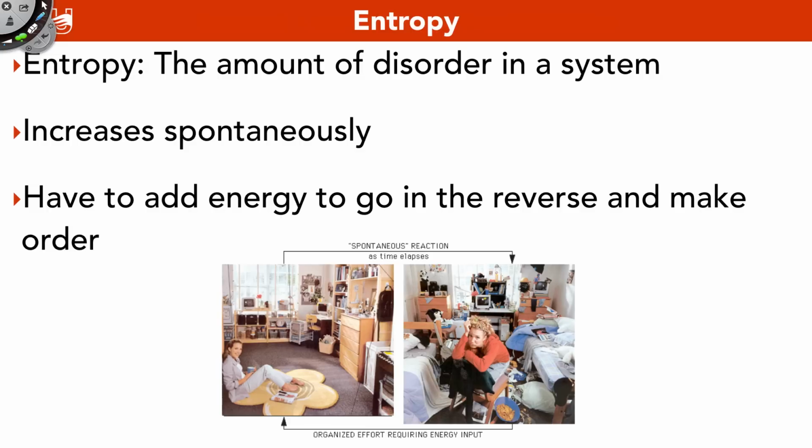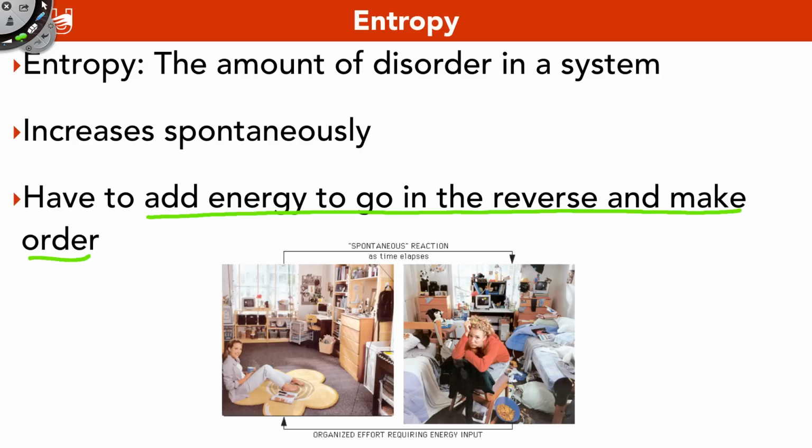Entropy. Now, we need to talk about entropy before we bring in the second law of thermodynamics. Entropy is the amount of disorder in a system, and this is going to increase spontaneously. It just happens spontaneously. You don't have to put energy into the system to make this happen. But to do the reverse, you have to add energy. This is going to become very important when we start talking about how life forms, as we become more ordered.